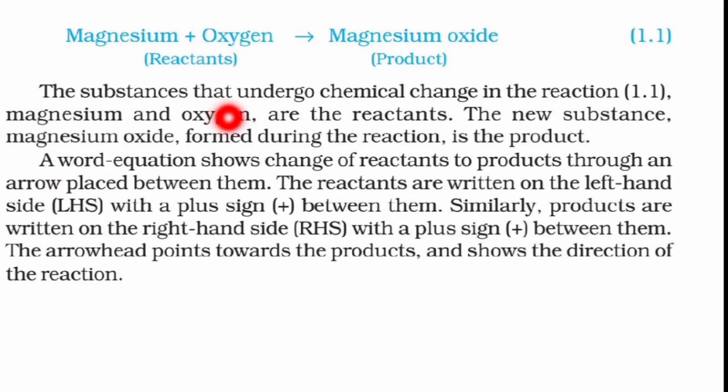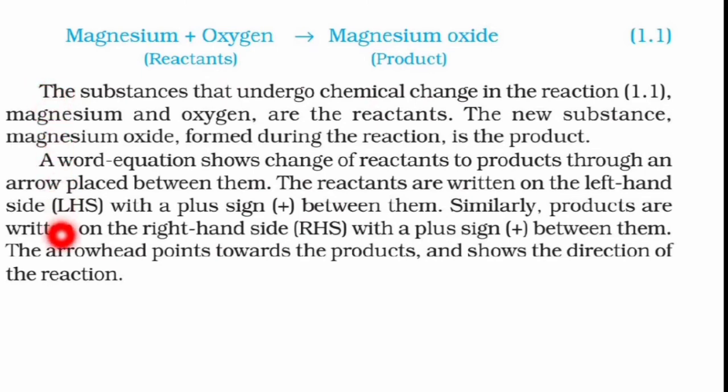The substances that undergo chemical change in the reaction, magnesium and oxygen, are the reactants. As I told you, the new substance, magnesium oxide, formed during the reaction is the product. So when magnesium is burnt with oxygen, we get magnesium oxide. Magnesium plus oxygen, these are the reactants, and magnesium oxide is the product.